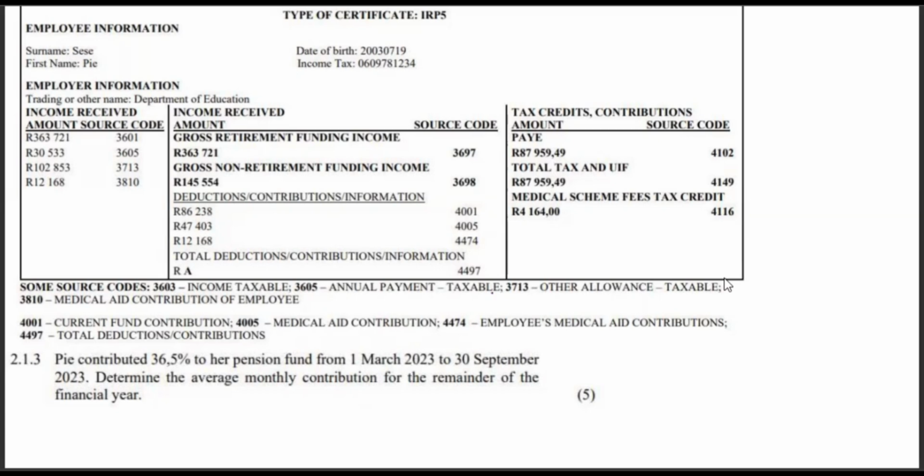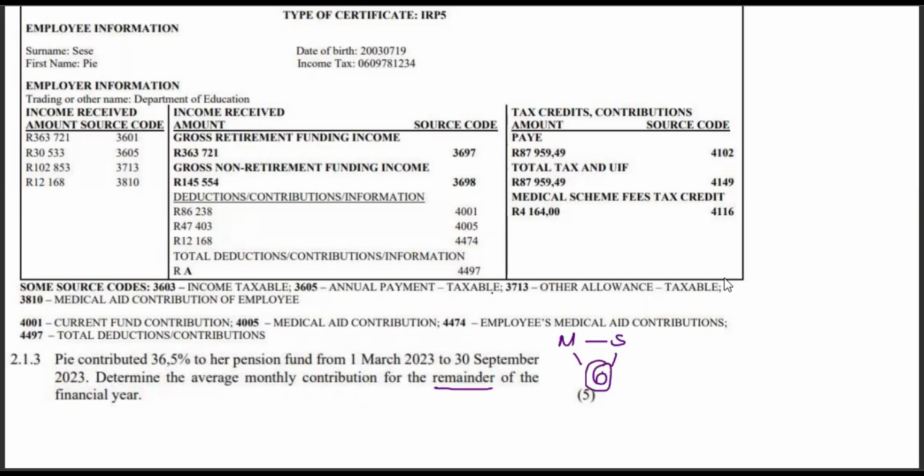Determine the average monthly contribution for the remainder of the financial year. Now, remember, from March to September, these are approximately 6 months. But then we are looking at the remainder.